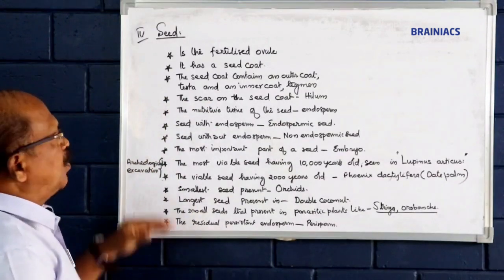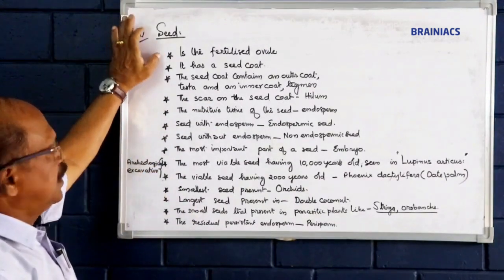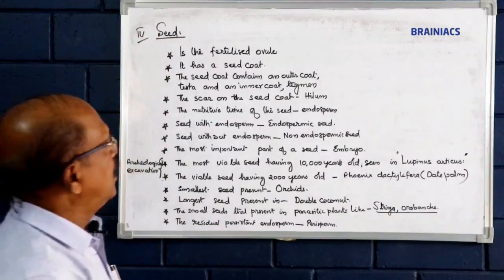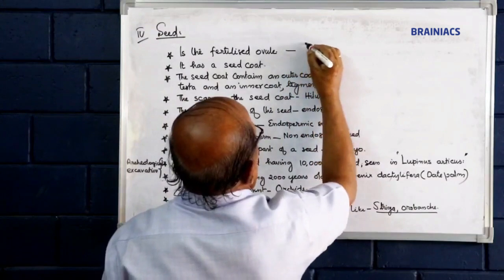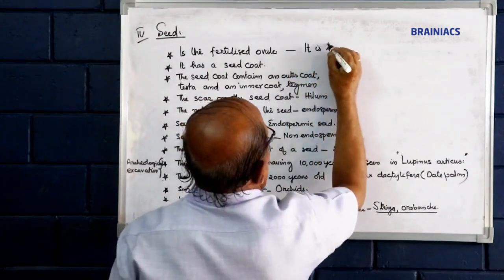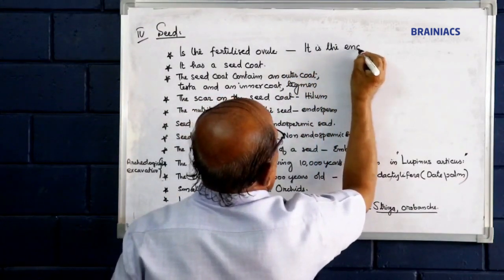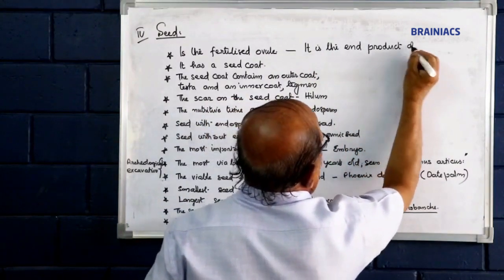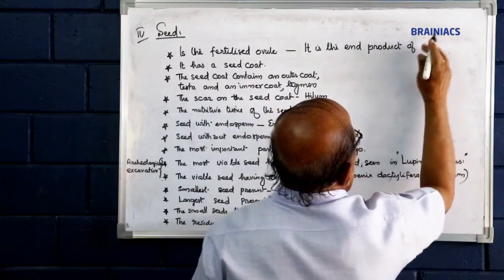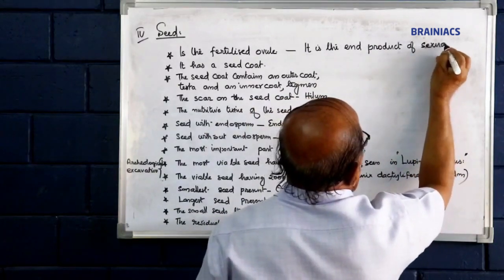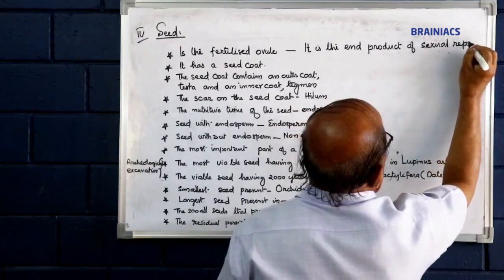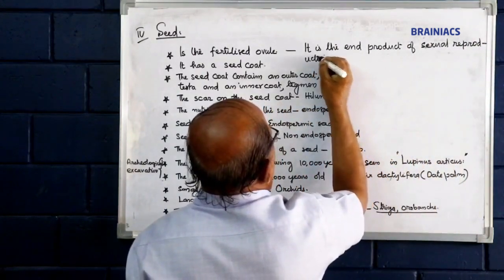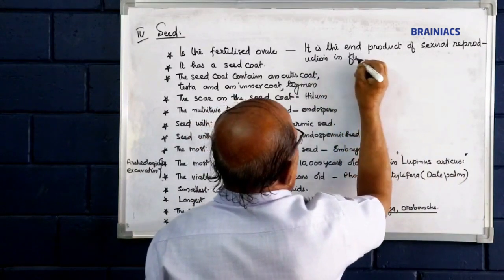Points to remember in connection with seeds. Seed is the fertilized ovule. It is the end product of sexual reproduction in flowering plants.